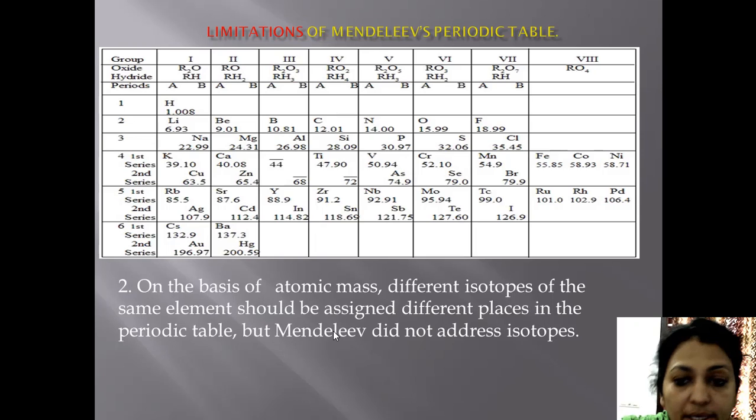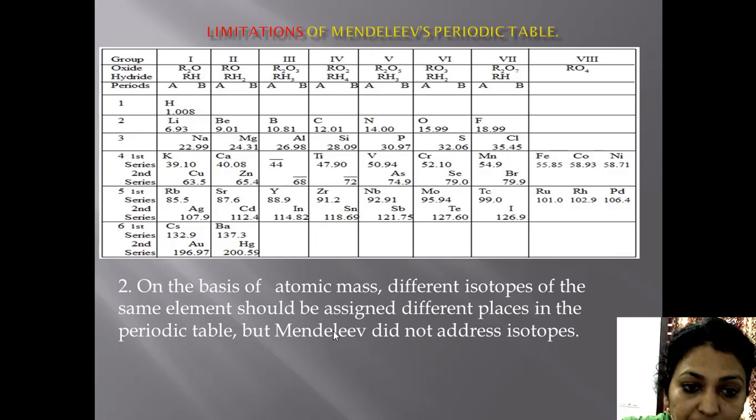The second one is the case of isotopes, which is very important. We know that isotopes are atoms of the same element having the same atomic number but different mass numbers. As the number of neutrons is different in these isotopes, the isotopes of an element have different atomic masses.